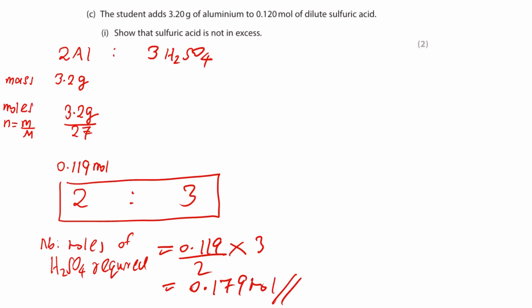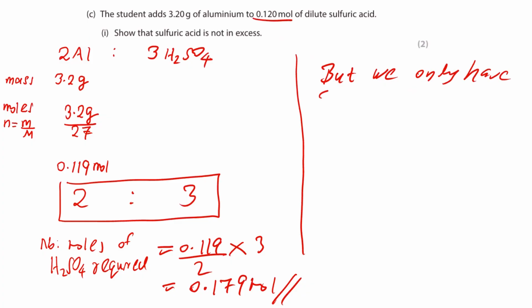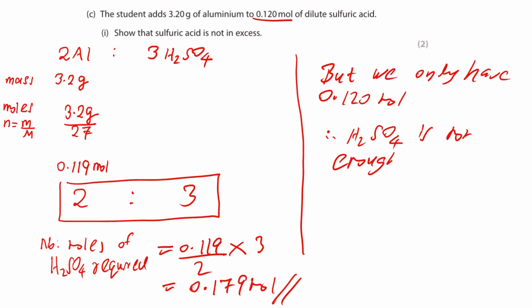We need 0.179 moles. Do we have 0.179 moles? No. We only have 0.120 moles. Therefore, sulfuric acid H2SO4 is not enough. It's less, not in excess, right?